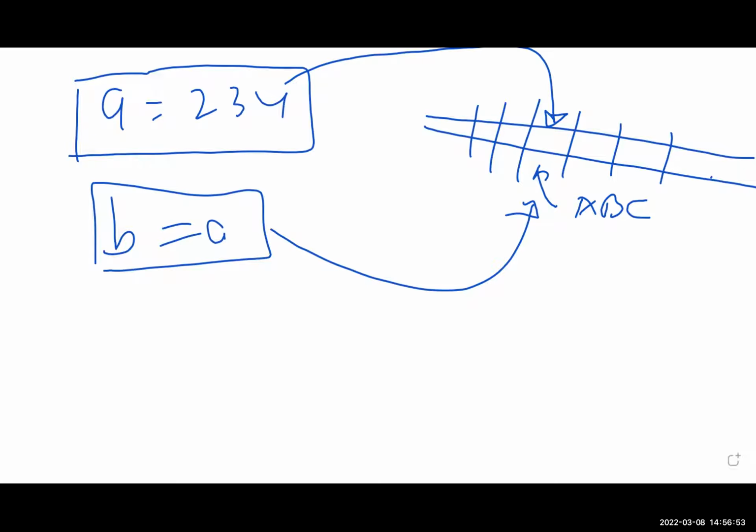B is equal to 234, and the address of B is actually that ABC. Do you understand?